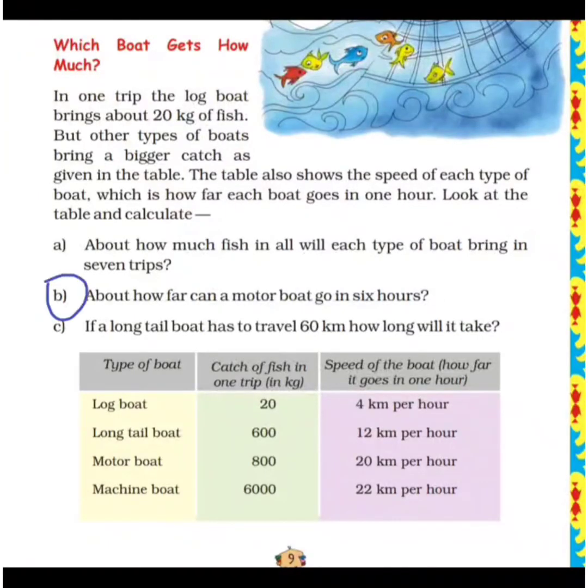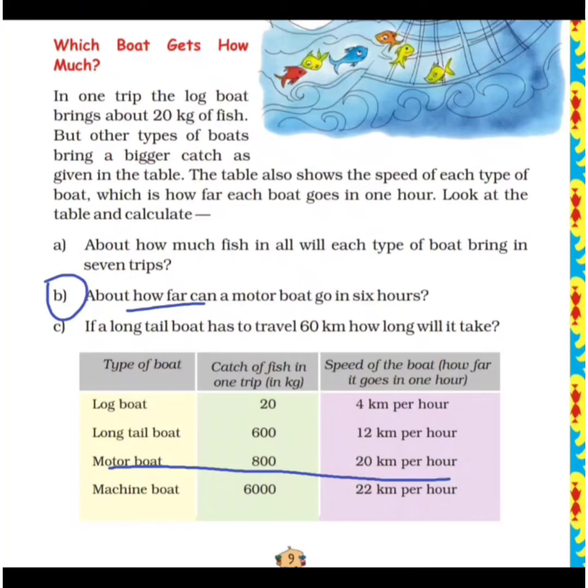Once again, second question. About how far can a motorboat go in 6 hours? We have to find the distance here. How far means distance. So here in the table you have motorboat and its speed is given.